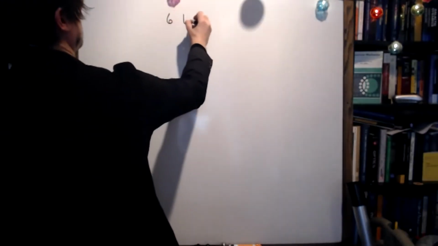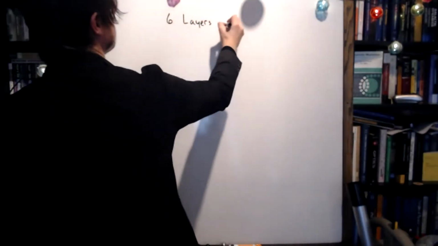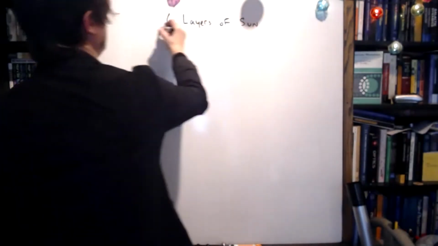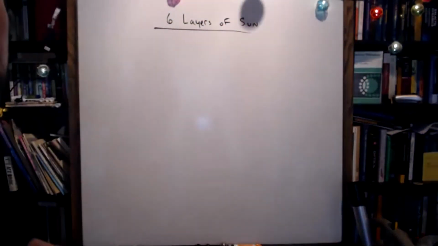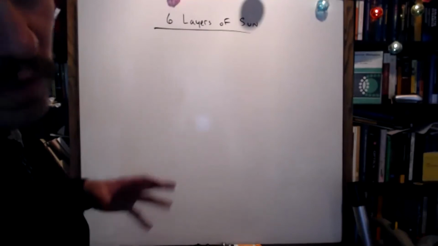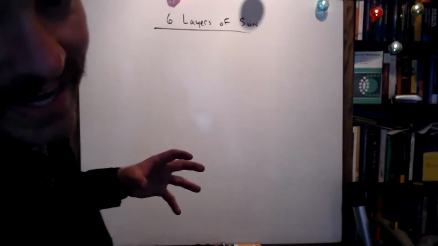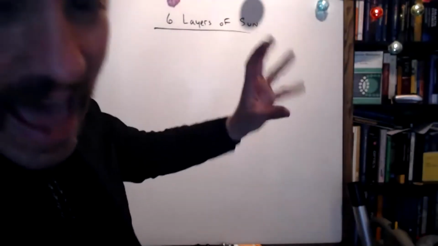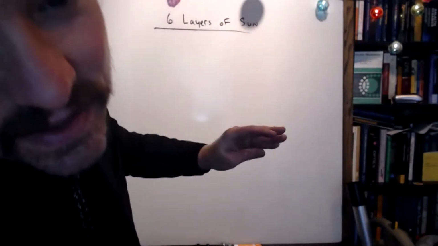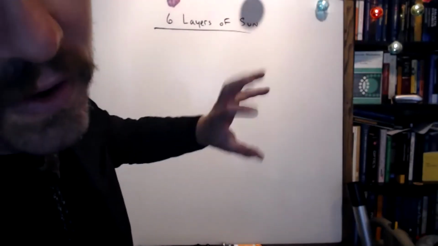The sun has 6 layers, and I need you guys to be kind of familiar with them before we do our homework today. We're going to make an analogy with a planet. The sun kind of has an atmosphere, it kind of has a surface, and it kind of has a core or an interior.